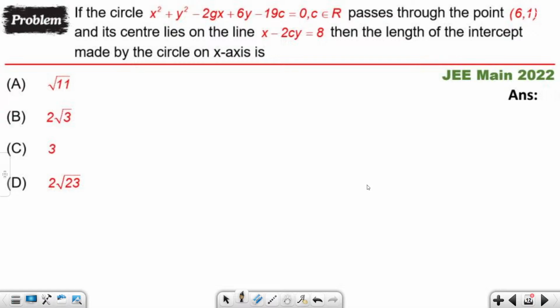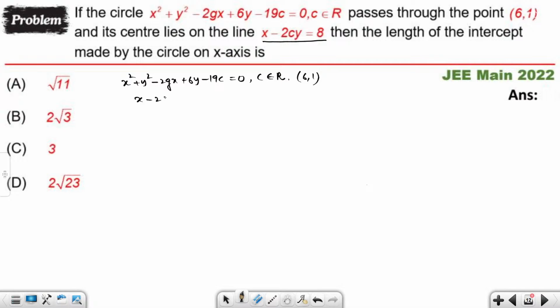It has been said that the circle x square plus y square plus 2gx plus 2fy plus c equals 0, where c belongs to any real value, passes through the point 6, 1, and its center lies on the line x minus 2c, y equals 8.